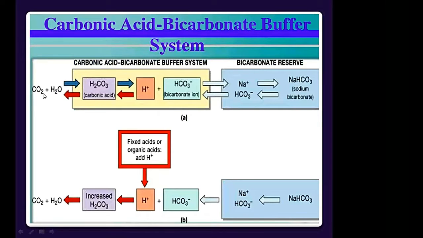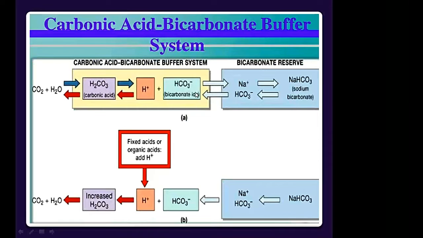Carbon dioxide combines with water and it will give you carbonic acid, a weak acid, H2CO3. So here only, inside this box only, the carbonic acid bicarbonate buffer system functions. When this carbonic acid is dissociated, you will get one proton, H plus, and HCO3 minus, a bicarbonate ion.